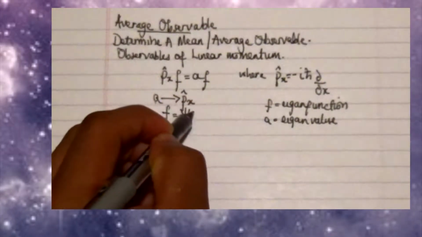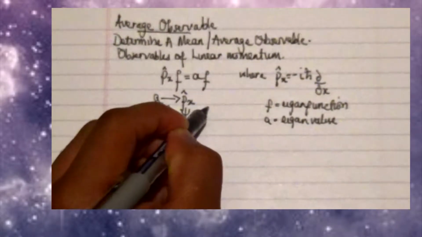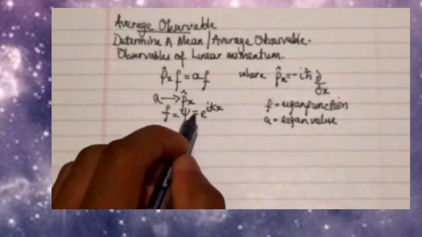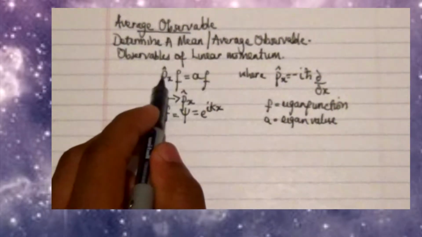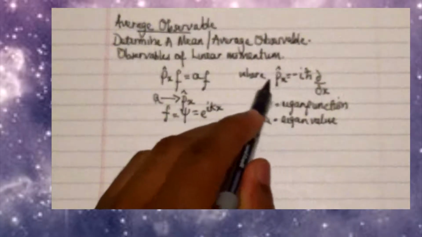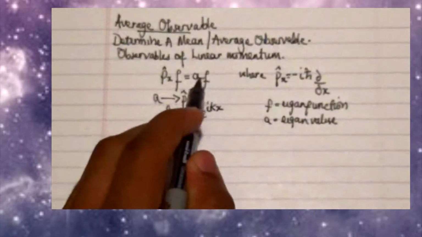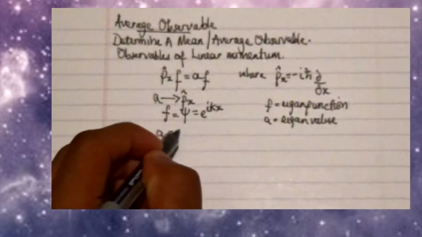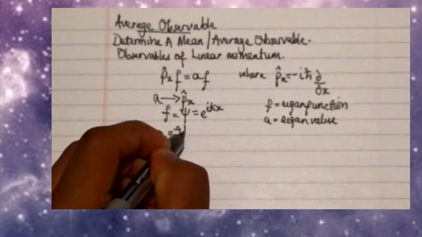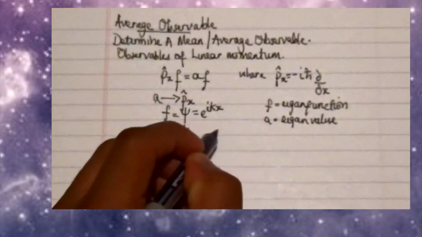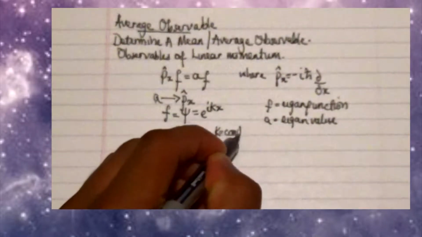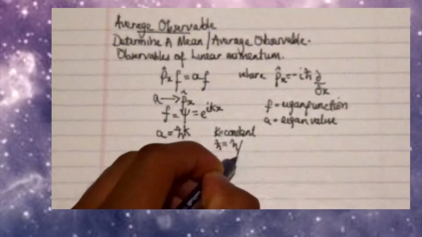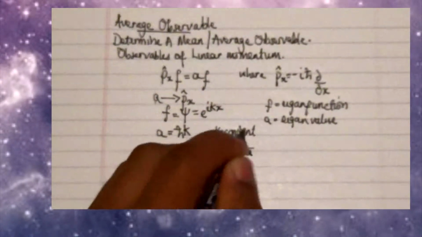Now psi here equals e^(ikx). So we put this f into this equation, with our momentum operator expressed as this, and we realize that our a is equal to h bar multiplied by k, where k is a constant, and this h bar is equal to our Planck constant divided by 2 pi.